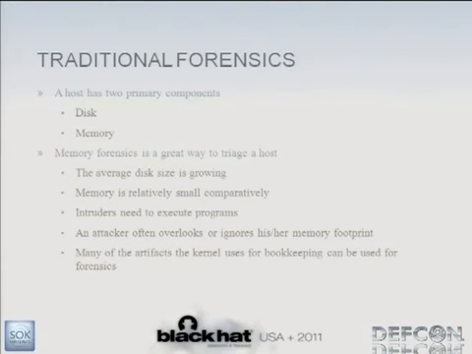Most hard drives out there come at least 250 gigabytes, and I know people in this room probably have way more storage space than that. So searching through a whole image or dumping a full copy of the hard drive is becoming a much longer process. Memory can really help you speed up what you're looking for.